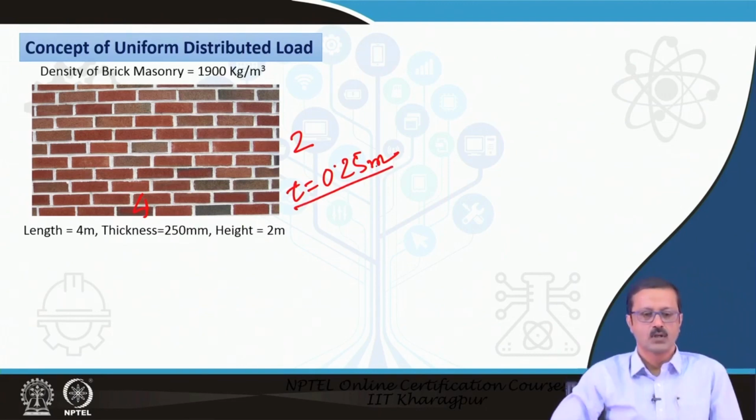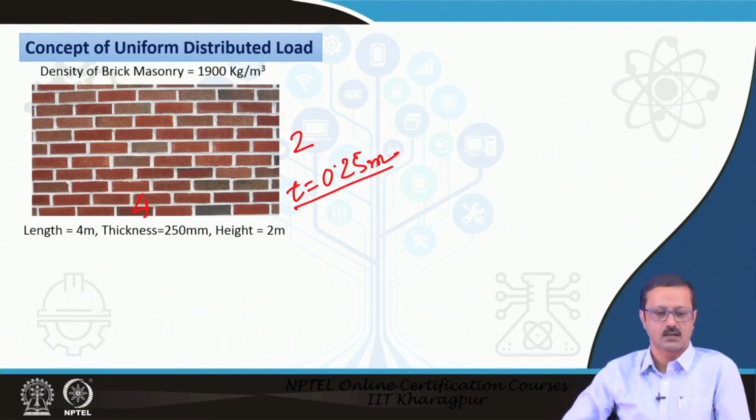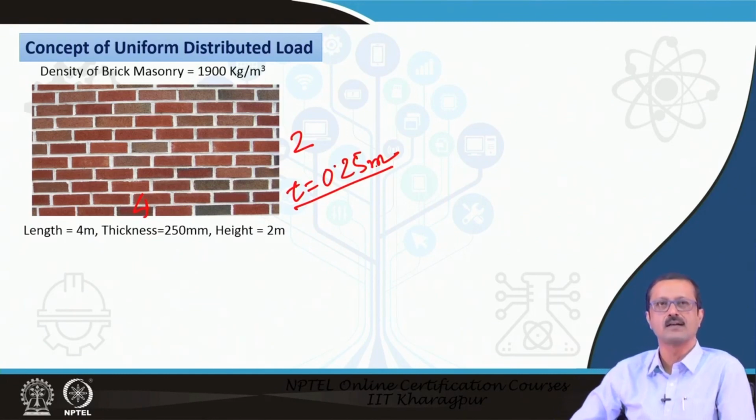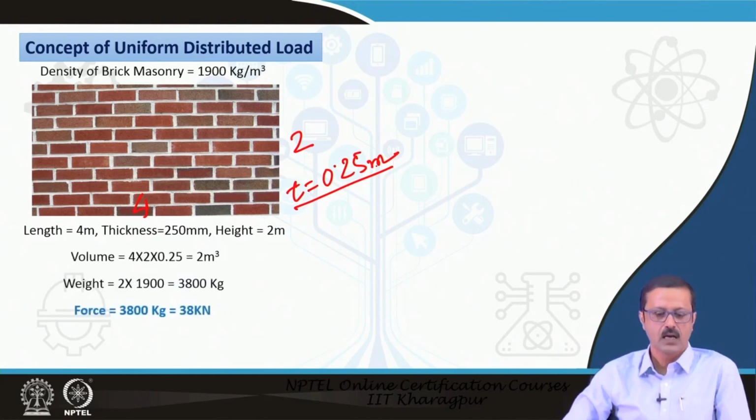250 mm. And as you know, if you put the density of the brick masonry as 1900 kg per meter cube, I can easily find out the total volume.